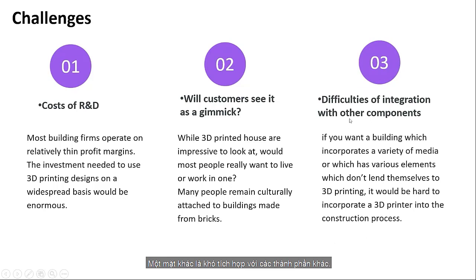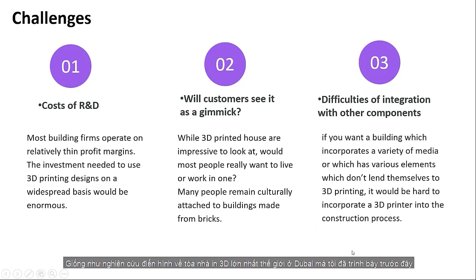The other thing is the difficulty of integrating with other components. 3D printing for now is like the one I showed before, the latest 3D printing in Dubai. Although it's constructed with 3D printing construction technology, it's not entirely 100% done by 3D printing. You have to use manual work.